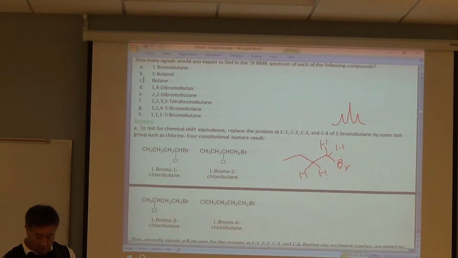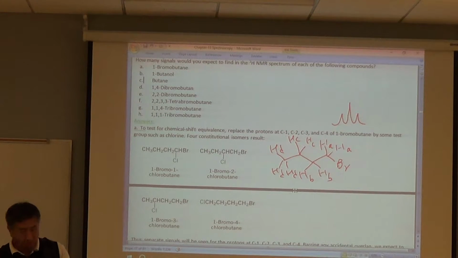Okay? So if you call these two H's HA, then this is HB and HB. So two HA are the same, two HB are the same. And here will be our HC and HC. And here you should have a 3H, HD, HD, and HD. Right. So therefore, we will have a full set of signals from this.